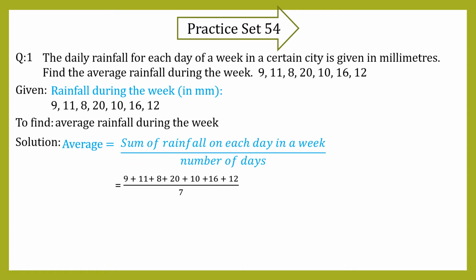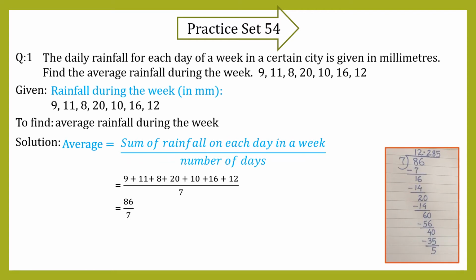Now, when we add up the numerator, we get 86, upon the denominator 7. So dear children, we need to divide 86 by 7. Now you can see on the right hand side, the working for division has been done. Now when we divide 86 by 7, we'll be taking the answer up to the third decimal place.